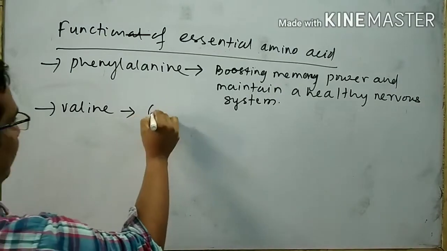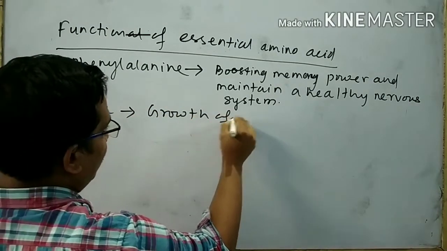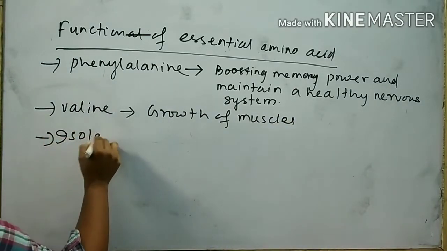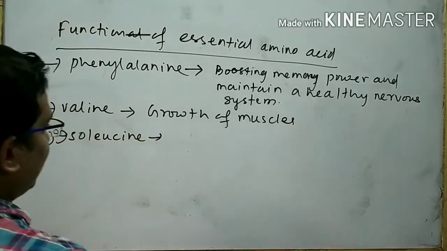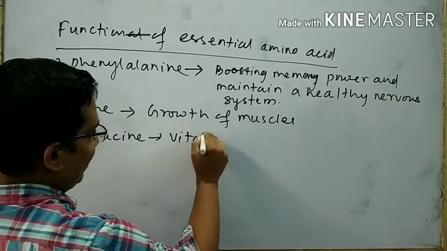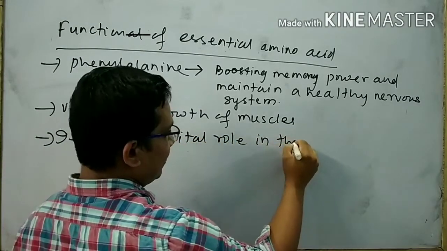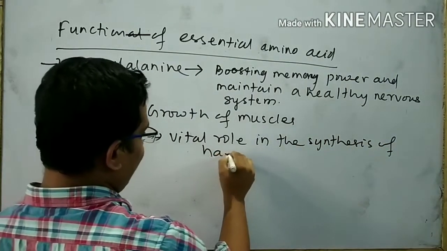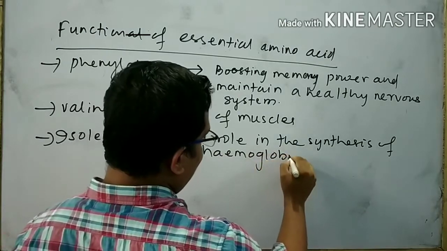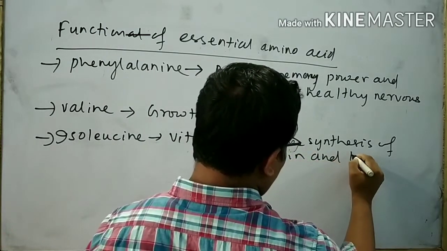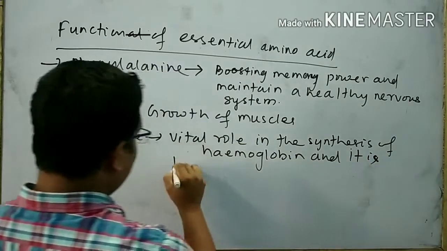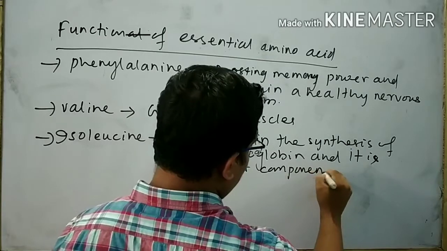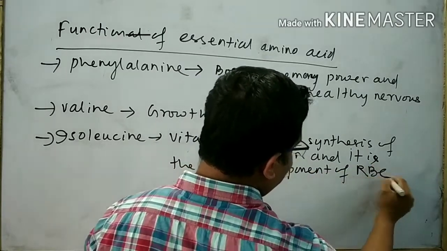Next is alanine. It is responsible for the growth of muscles. Next is isoleucine. It plays a vital role in the synthesis of hemoglobin, and it is the major component of RBC.